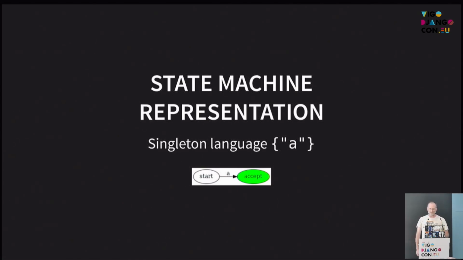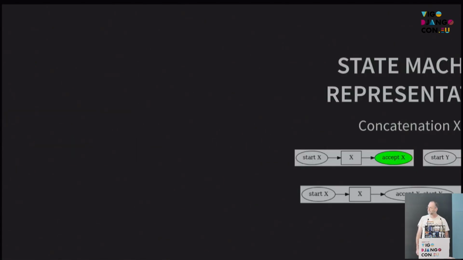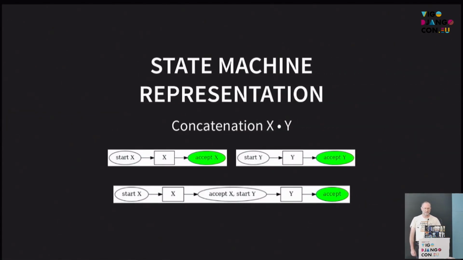Now it's left to see how we combine machines to account for the operations. If we have a state machine for a language X and another state machine for a language Y, we can make a machine for their concatenation by uniting the accept states of X with the start state of Y. Then we get one machine which basically checks first X and then Y.